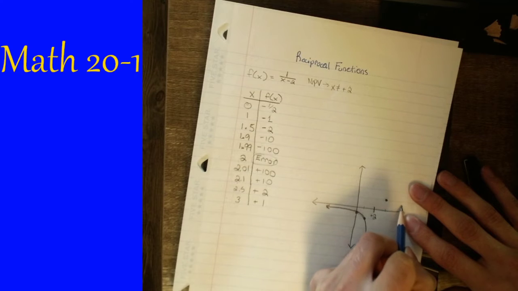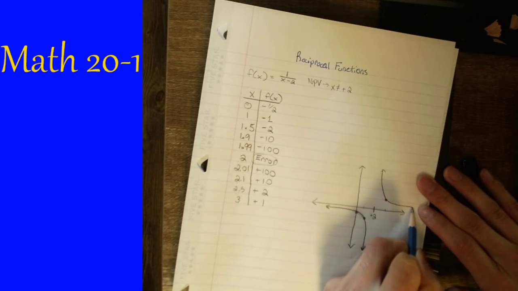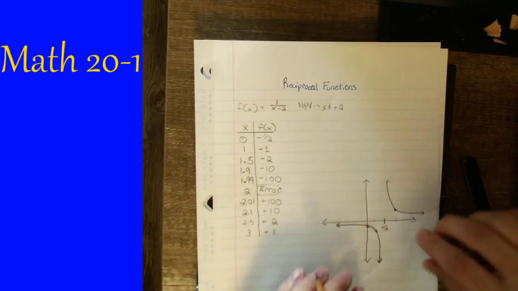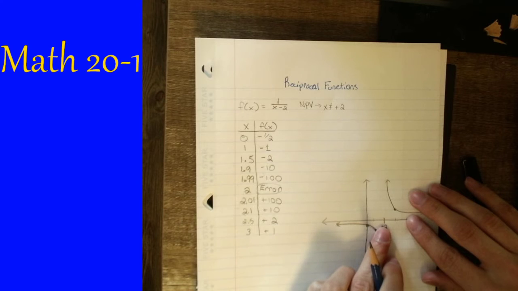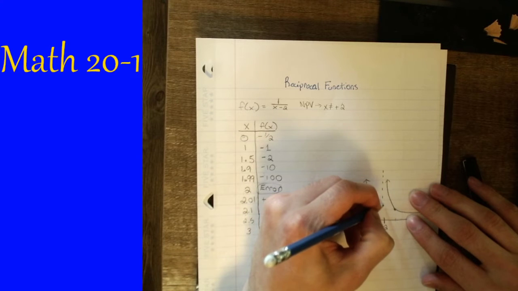So we can say that this is the way the graph looks. It gets bigger and bigger positively, but it never actually has a value when x is equal to 2. So the way we represent that is often you'll see me draw a dotted line.